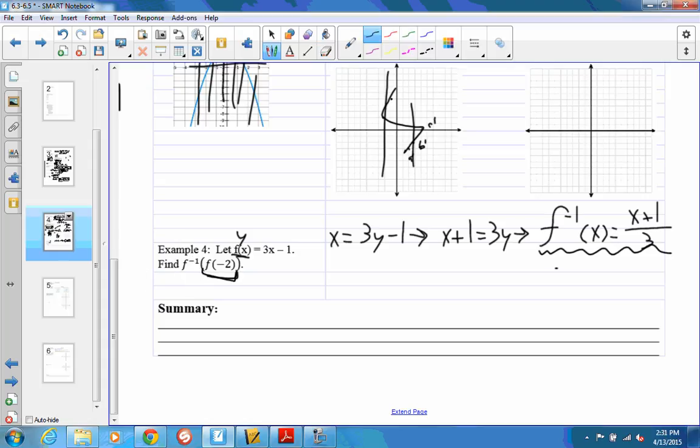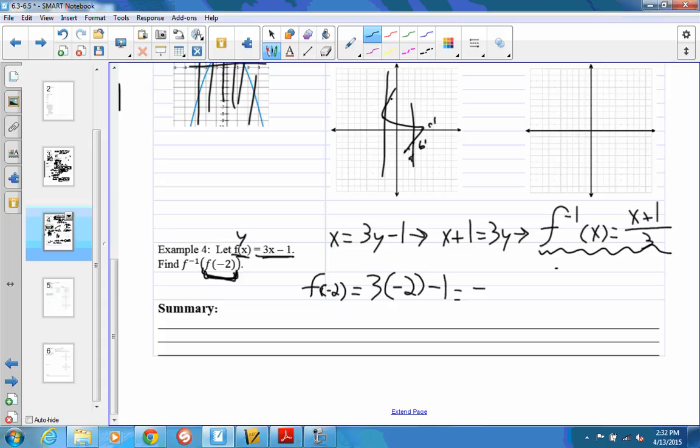First, let's evaluate f for negative 2. So here's my function, minus 1. All I did was take my original function and plug in negative 2 for x, which equals, and a lot of people got this.